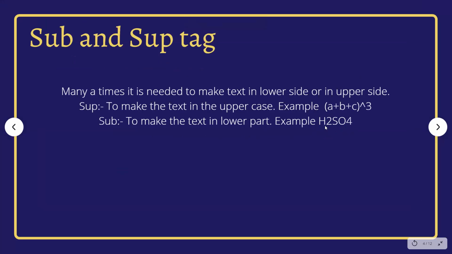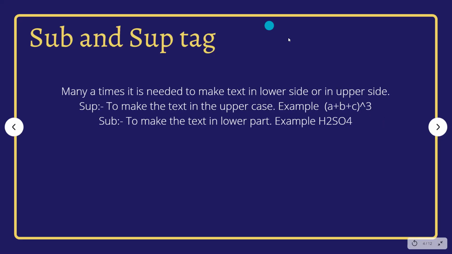But with the help of the sub tag, we can make the 2 and the 4 lower, below the H and below the O. And by using the sup tag, we will have the power of 2 at the upper side. We will not be able to use such a symbol to represent the power.